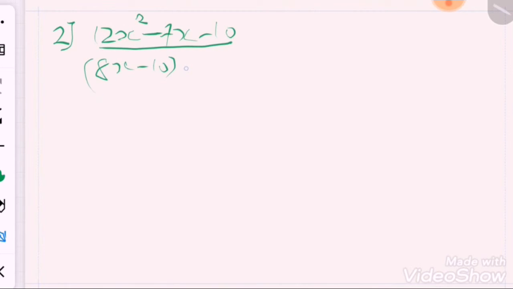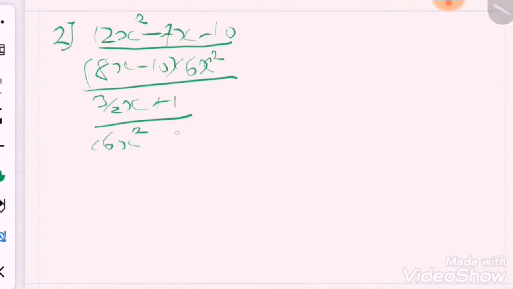It gives me 12x squared minus 7x minus 10 divided by 8x minus 10 times 16x squared, all over 3 over 2x plus 1 all over 16x squared plus 4x squared. So this can be rewritten.